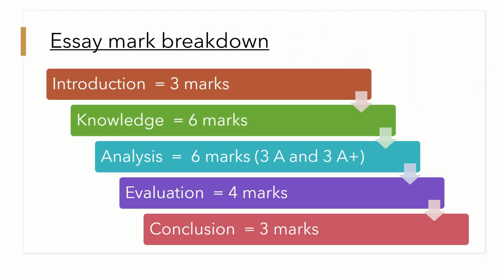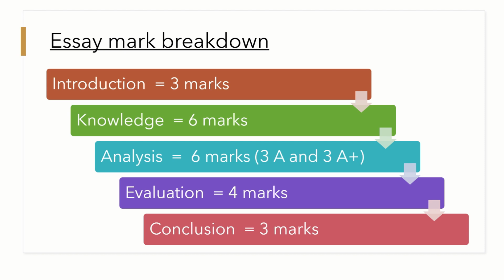So you can see the essay mark breakdown: essays are out of 22 marks, and by this point you should have written your introduction, which is 3 marks. You then get 6 marks for knowledge, 6 marks for analysis, which is broken down into 3 for basic analysis, and then 3 or more for your analysis plus.